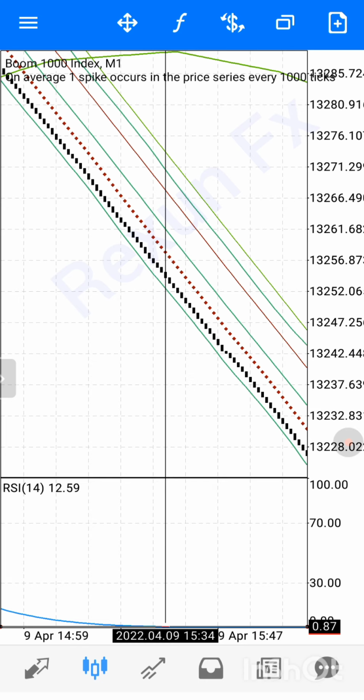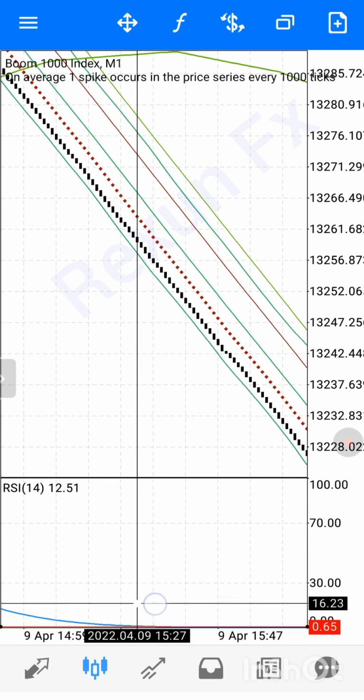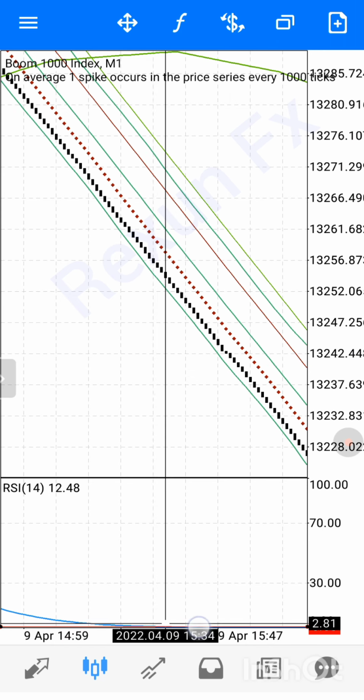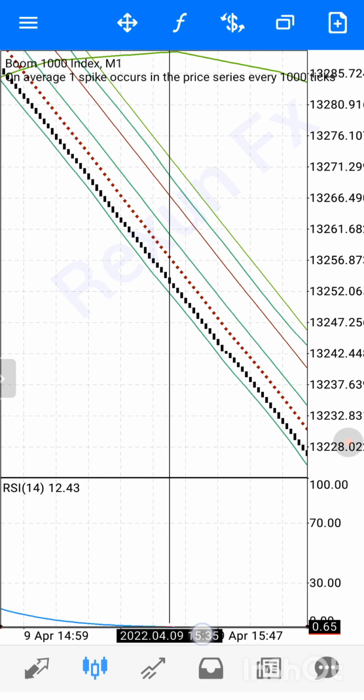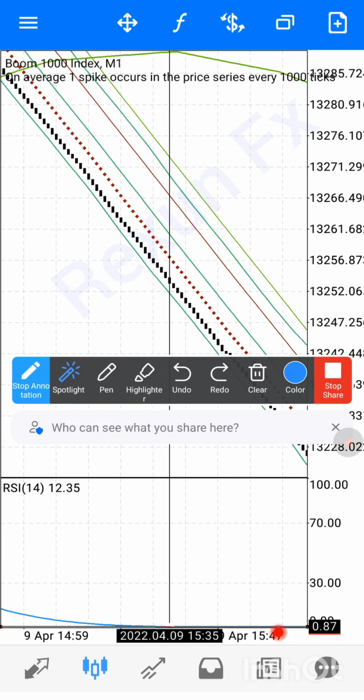This area gives you a safe entry zone. You can see that the RSI here is below zero. The RSI below zero, this is 0.87 around here, and this is where the price was.